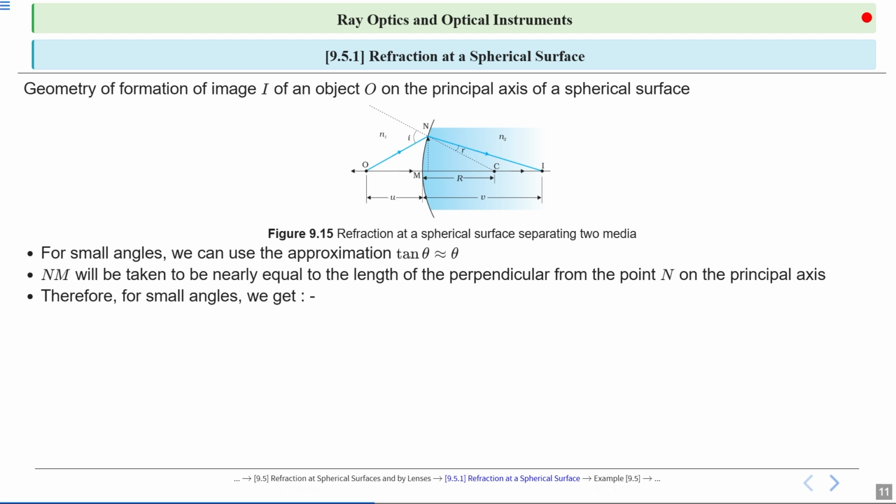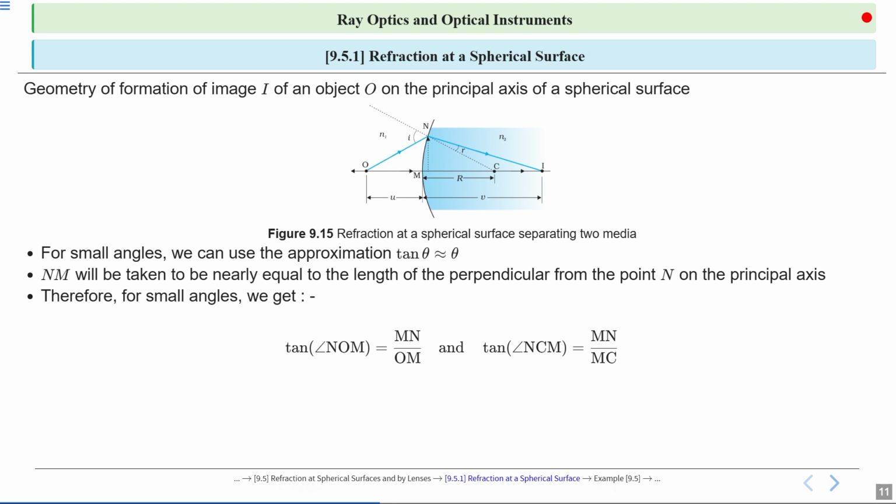Therefore, for small angles, we get the tangent of angle NOM. So tan of this angle NOM will be perpendicular upon base. What is the perpendicular?